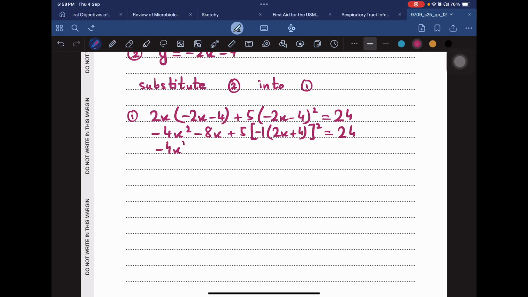Negative 4x squared, negative 8x plus 5. Now we can apply this square on negative 1 separately and 2x plus 4 separately. So we'll have negative 1 squared and we'll have 2x plus 4 squared.